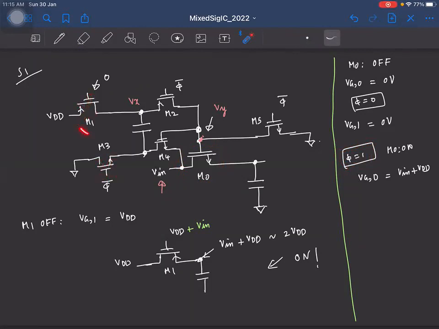So which means we want M1 to be off. And we saw that to turn M1 off, the gate voltage must be Vin plus VDD, right? This is in turn equal to the required gate voltage for the transistor M0. So what do we have to do? I mean, what can be done now? We can simply take the gate voltage of M1 and connect it to the gate of M0 like this.